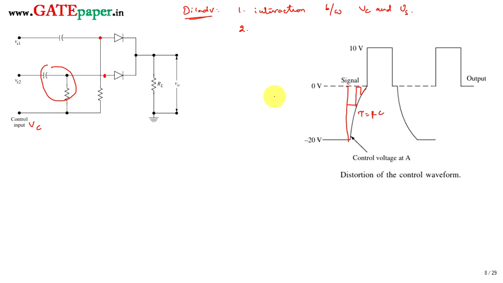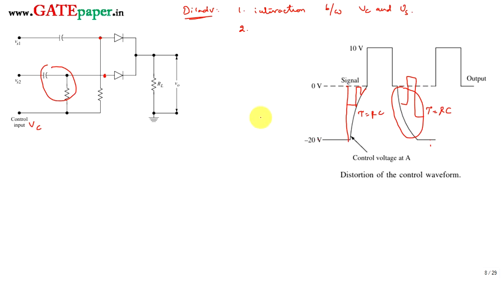And not only during charging but also during the discharging period, whenever it discharges from 0 to -20, it takes time with respect to the time constant, again RC itself. During that path also, if the input signal is present, it has not reached -20 volts, so you may get some output.